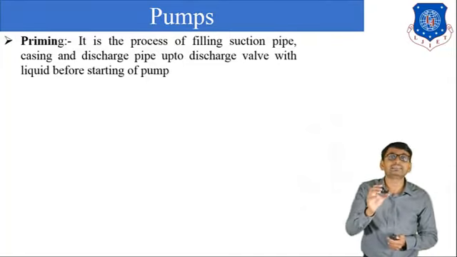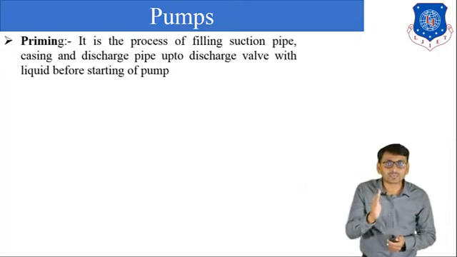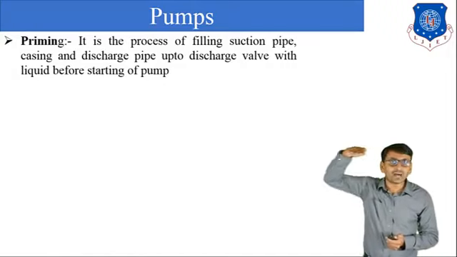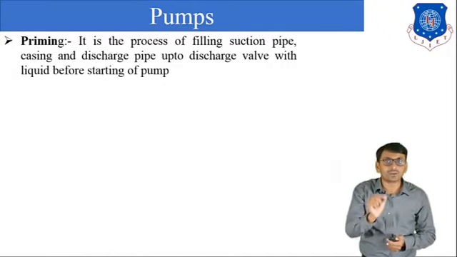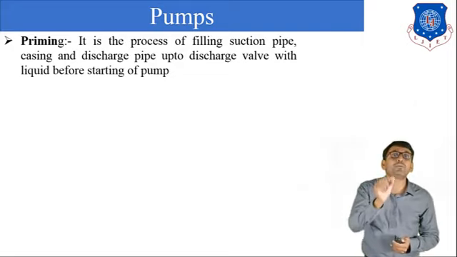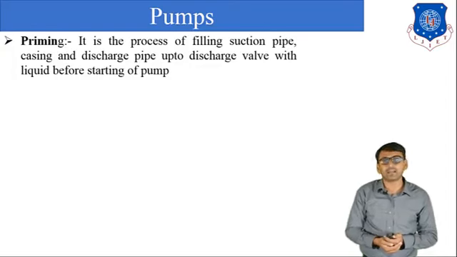This process is called priming. So priming is the process of filling the suction pipe, casing and discharge pipe up to the discharge valve with water or liquid before starting the pump, and this process is known as priming.